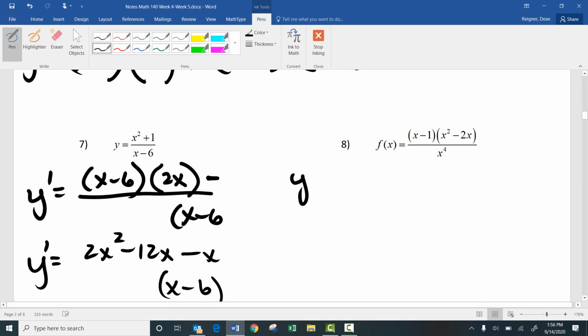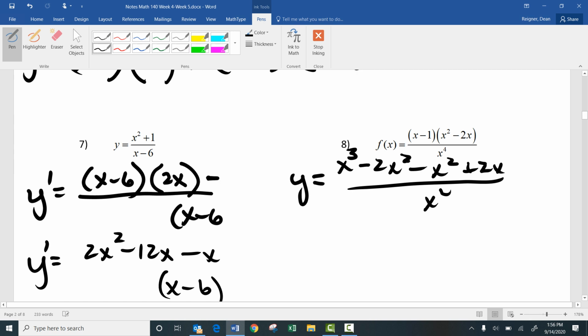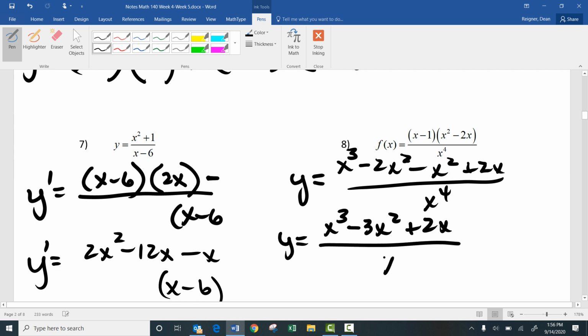All right, so let's multiply this out, and then we'll do the quotient rule. So when you multiply this out, you get 2x cubed minus 2x squared minus x squared plus 2x over x to the 4th. Okay, so we'll simplify one more time. So you have x cubed minus 3x squared plus 2x all over x to the 4th.